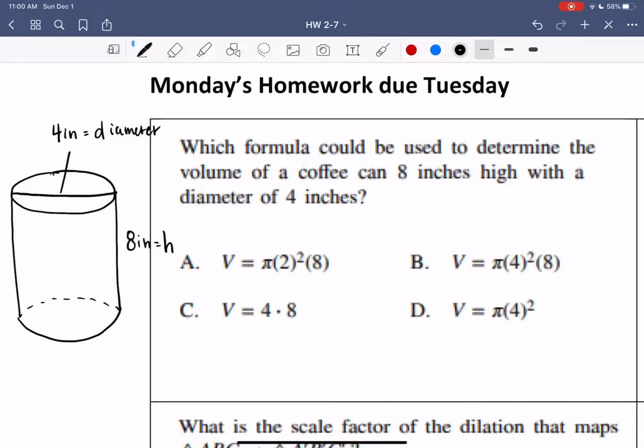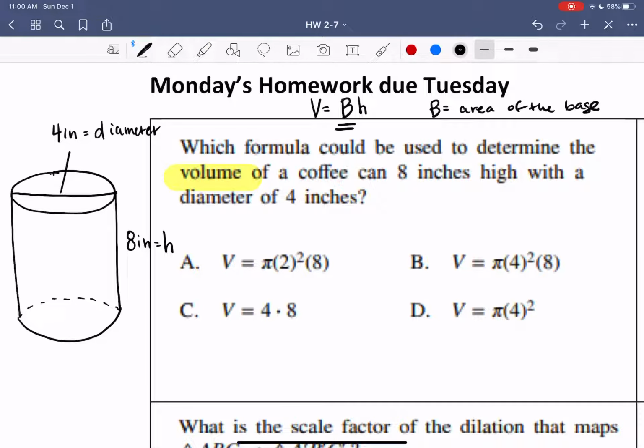So when we need to find the volume, our formula for a cylinder is volume equals capital B H. So remember that capital B equals the area of the base.